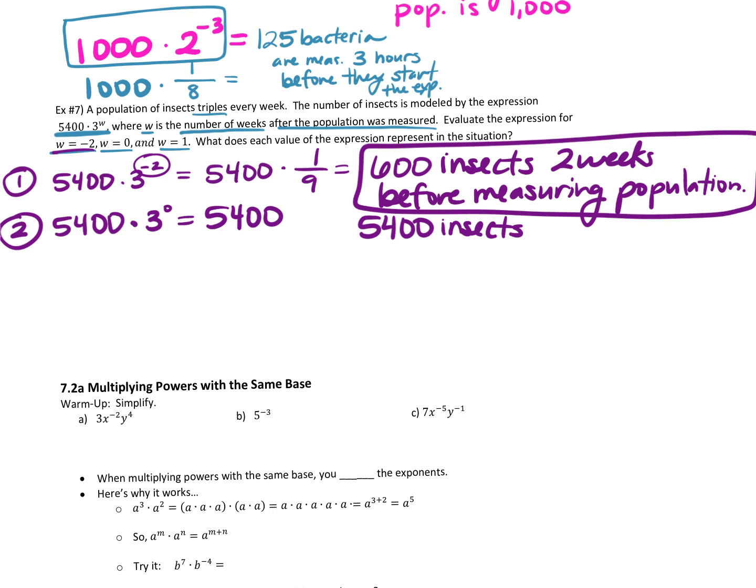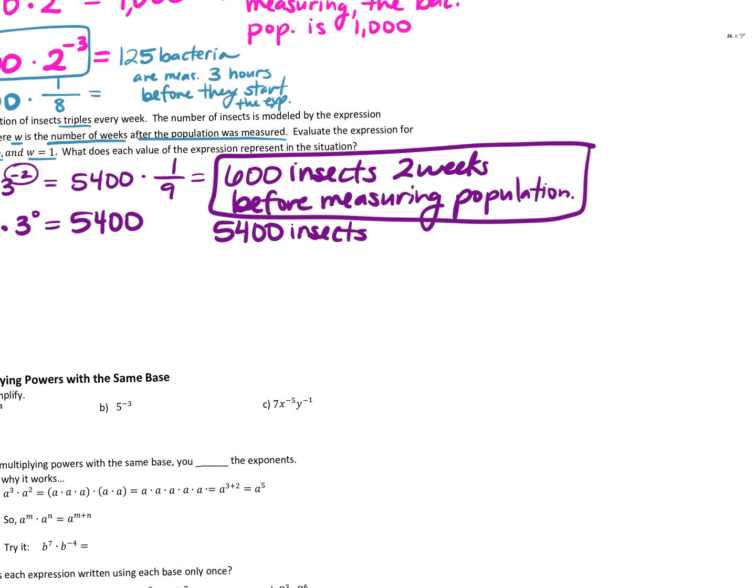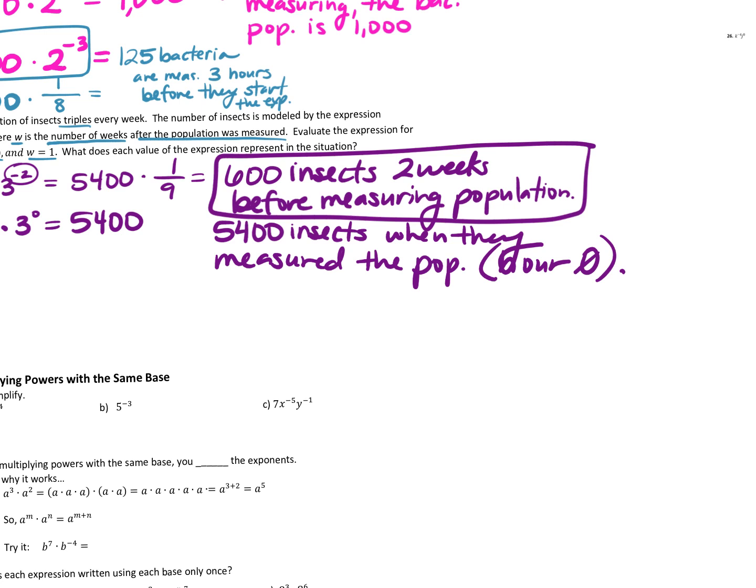At 0 hour, when they measured the population, right? So 5,400 insects when they measured the population, right? This is hour 0 of a project. Whenever people talk about hour 0, that's the start, right?